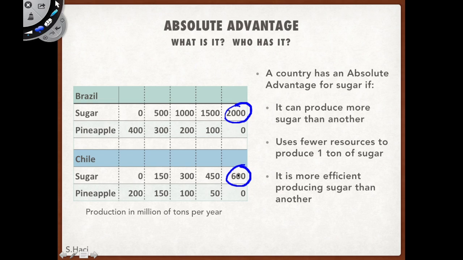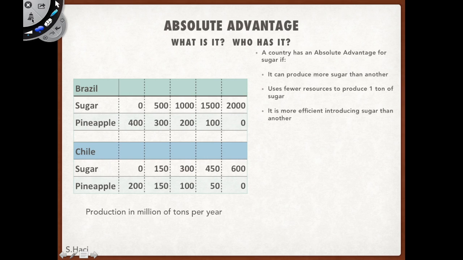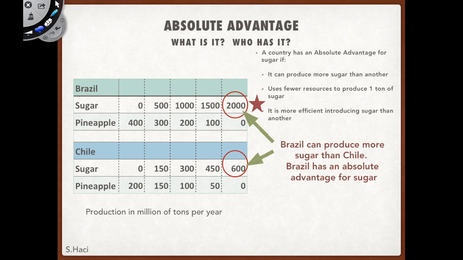So it appears here that Brazil is going to be more efficient at making sugar, meaning it also uses fewer resources for each ton of sugar it produces. So in this case, Brazil would have an absolute advantage in producing sugar.